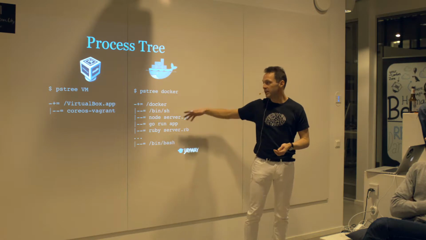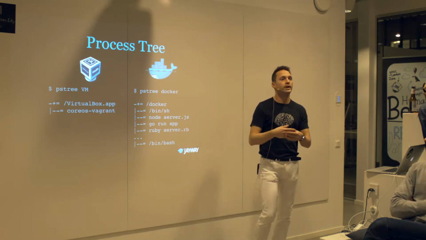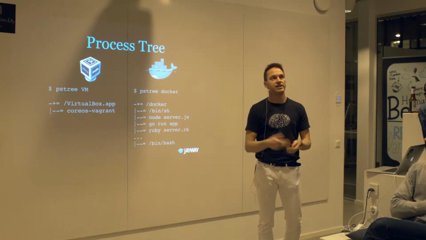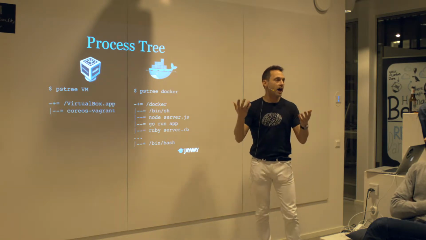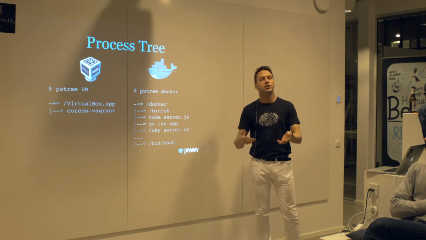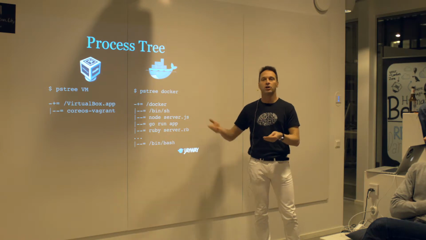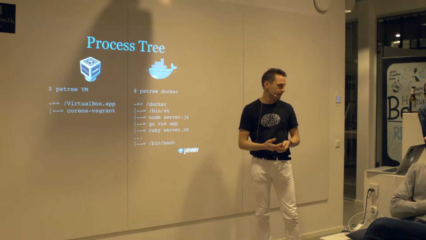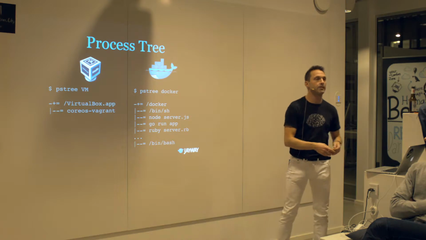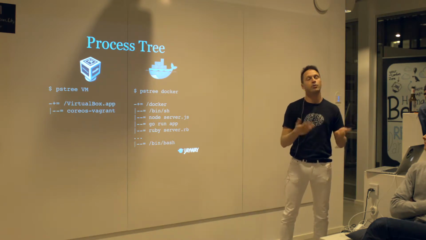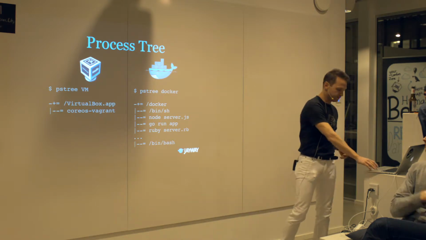So I can interact with these with kill, ps, etc. But it's not recommended to do that. You're supposed to interact with Docker through the Docker command line, or the REST interface is also possible.